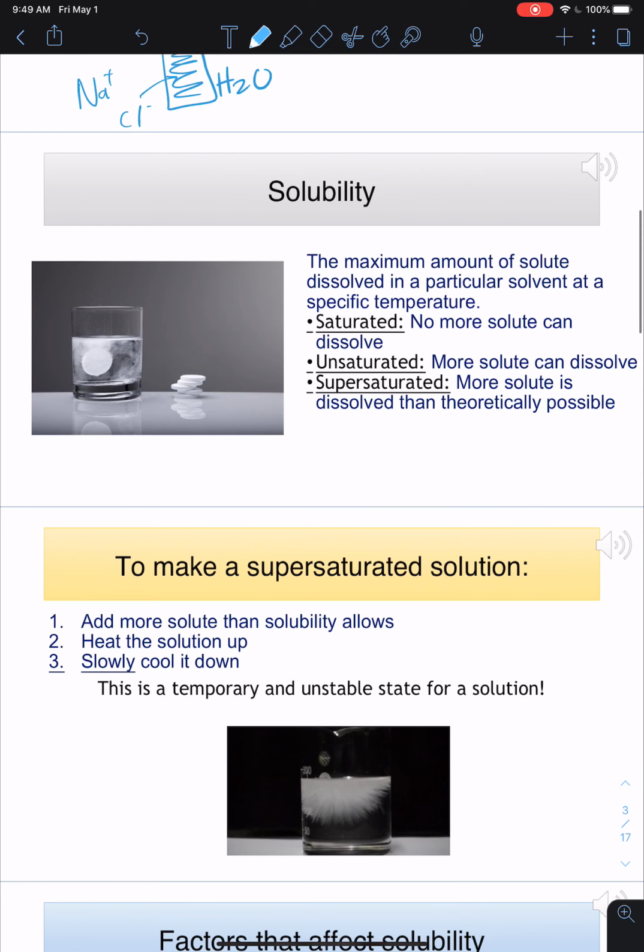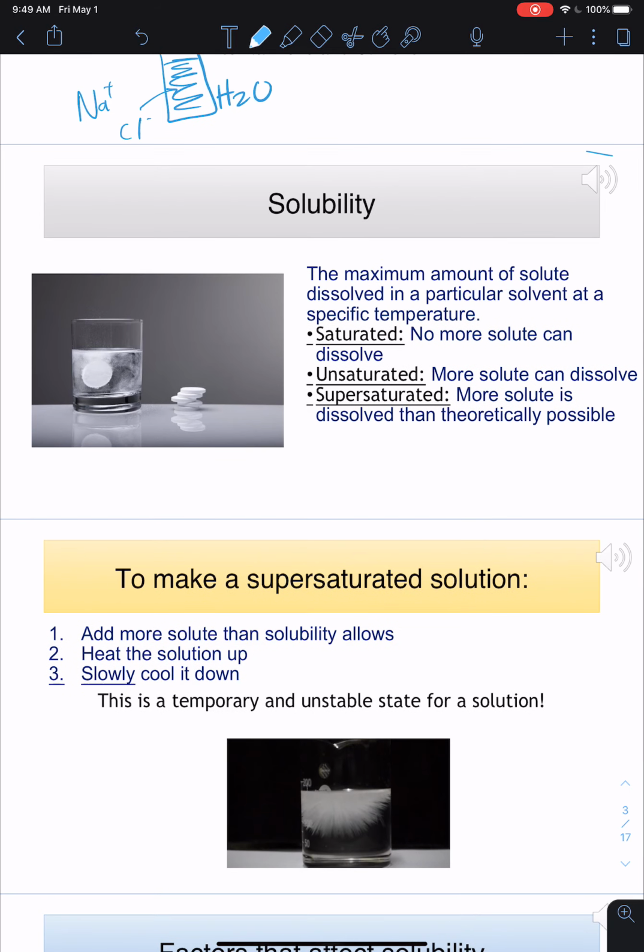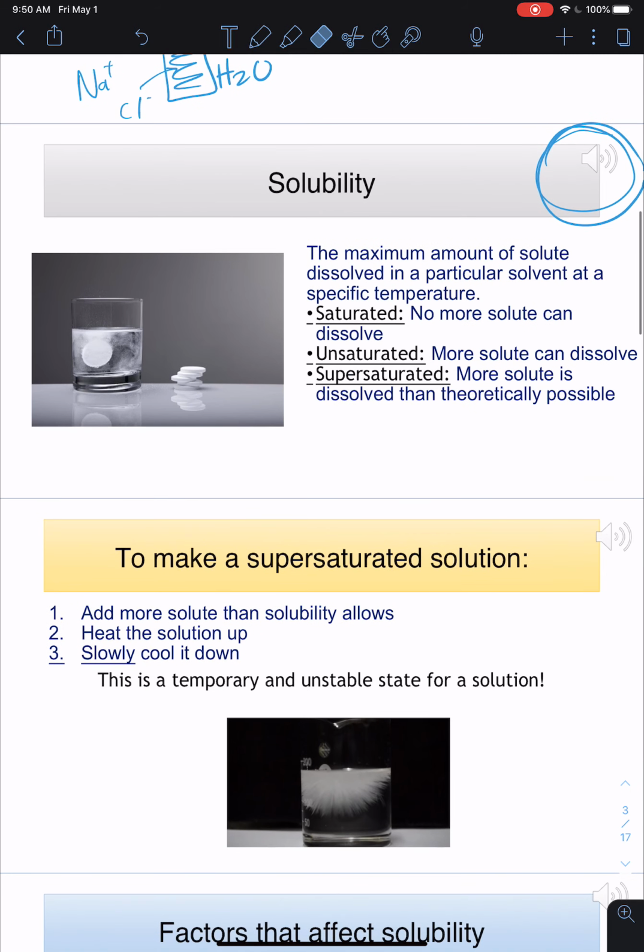Okay, solubility. I know I'm going through these pretty fast, but I go into more detail in the actual PowerPoint, so you might want to listen to that first. Anyway, solubility is our way of measuring how much and how well things dissolve.